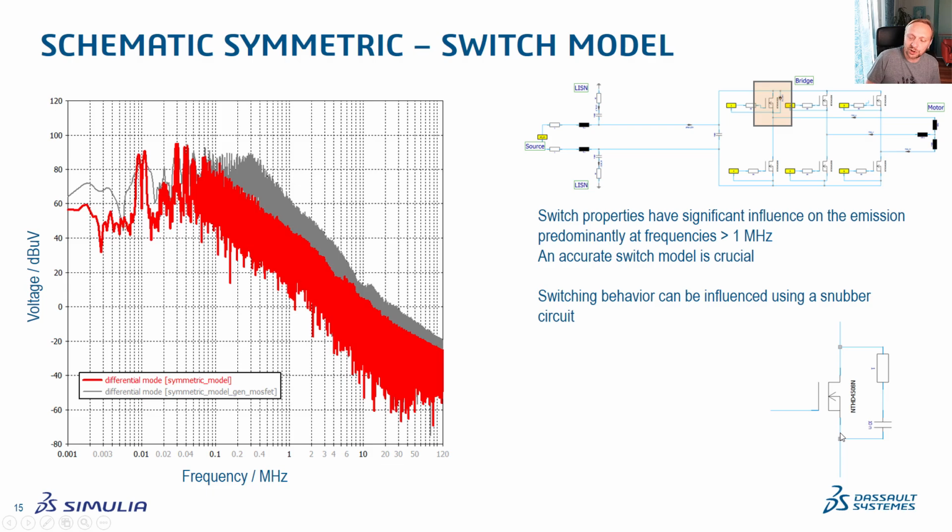Of course, it doesn't work for all. It's not a perfect thing, but it's something which is typically used, so it should be mentioned here. I don't have a plot showing the influence, but a snubber circuit is a first way you could think about when you want to improve the emission from an inverter.